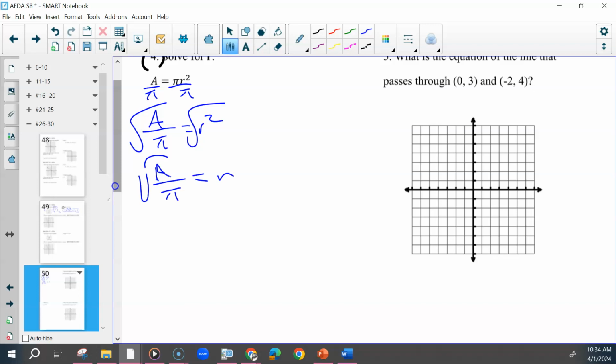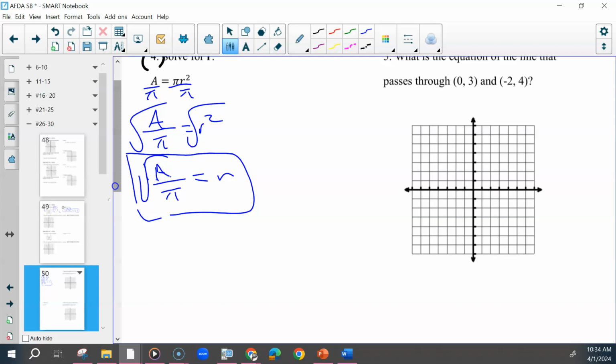If this were a real problem that we were solving for square roots, it would be plus or minus, but not in this case. So this would be our answer. The square root of a over pi equals r. Questions?